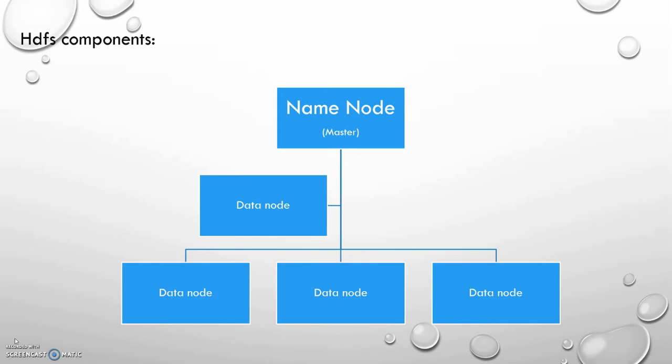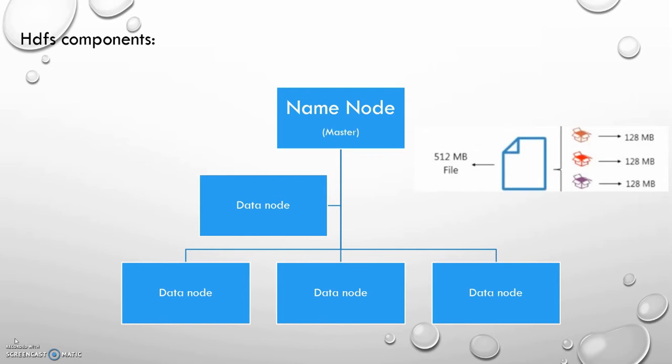In HDFS, we distribute a single file into multiple chunks, in pieces ranging from 64 to 128 MB, and these are distributed around various clusters. So if one fails, then we can recover it. The default replication factor is 3. So the name node contains the information of these data nodes.